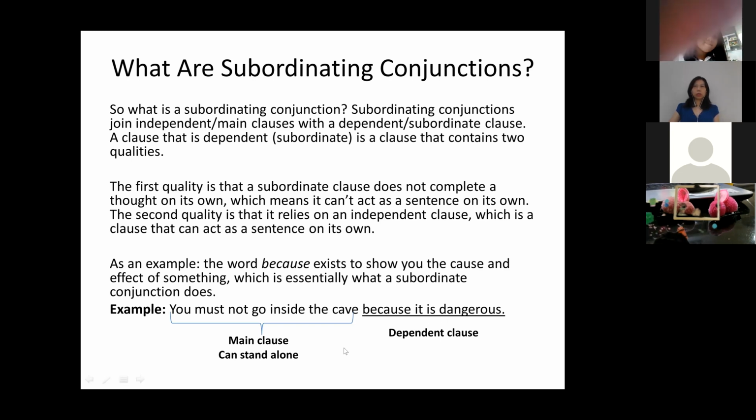Because it is dangerous. What do you mean, because it is dangerous? What is dangerous? They would not know. But when you say, "you must not go inside the cave because it is dangerous," then they would understand the whole idea. Go ahead, copy only this example part.